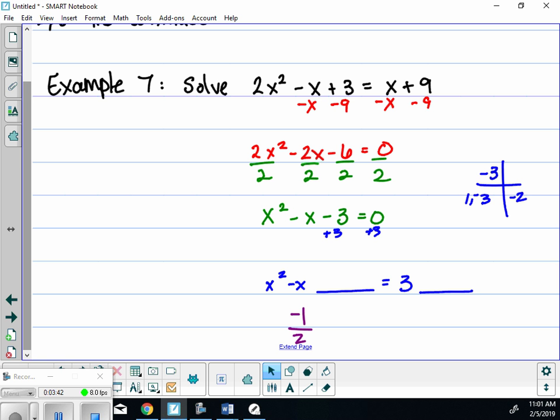We divide that number by 2. So we get negative 1/2, and then we square that, which gives us 1/4. Because 1 squared is 1 and 2 squared is 4. So I'm going to be adding 1/4 to each side.